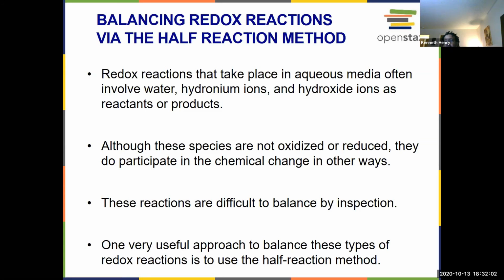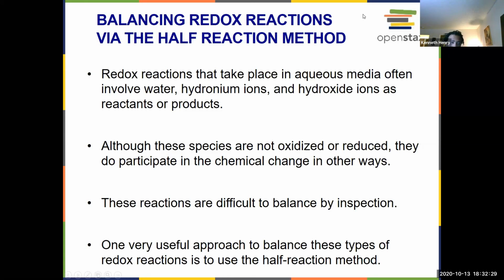Okay, so another way that we can do it is balance out the equations and get our half reactions. You're going to see this again if you take 1B, in a more complex way when we talk about redox.